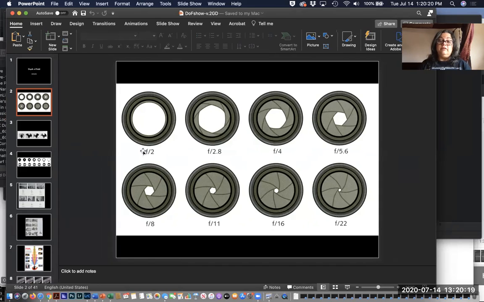So again, the larger the aperture, the smaller the f-stop number, or the smaller the f-stop number, the larger the aperture. And as you stop down, going to larger f-stop numbers, the diameter of the aperture decreases.